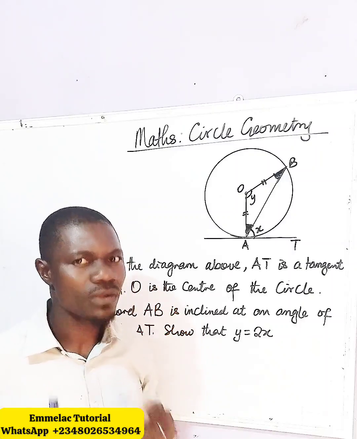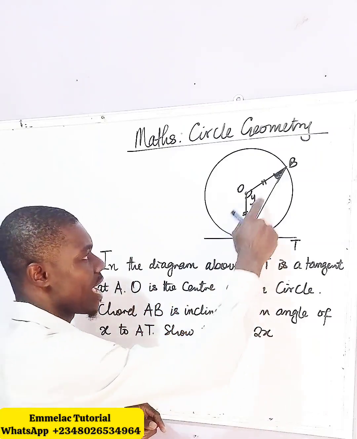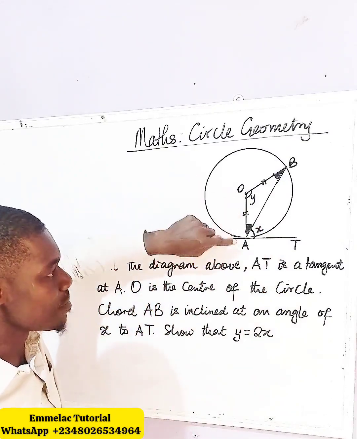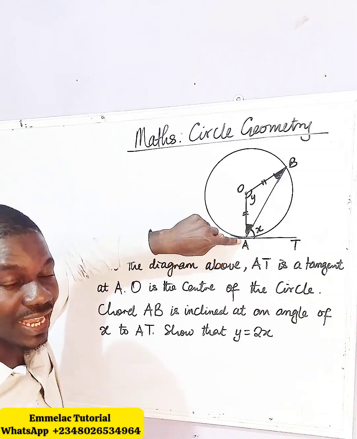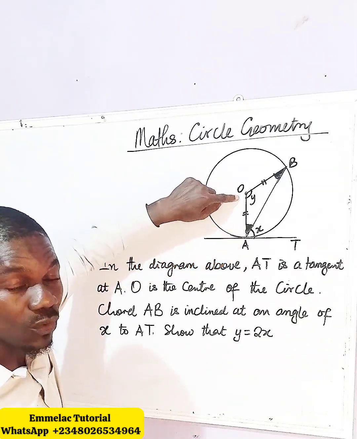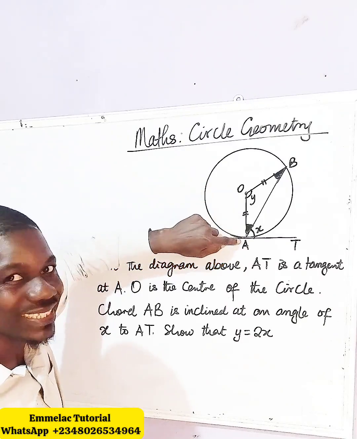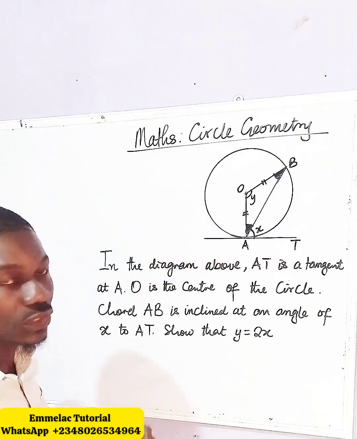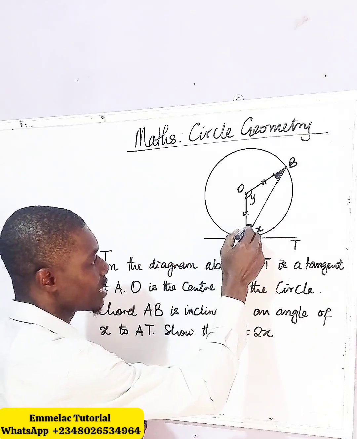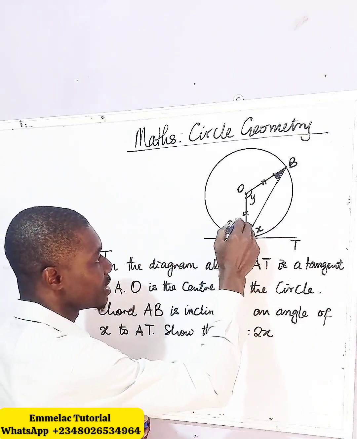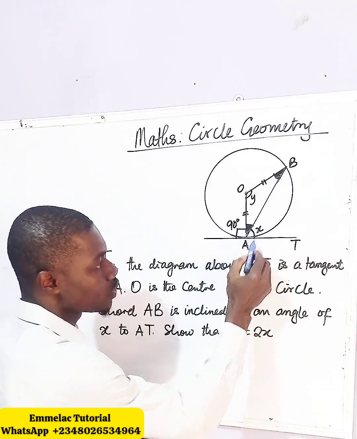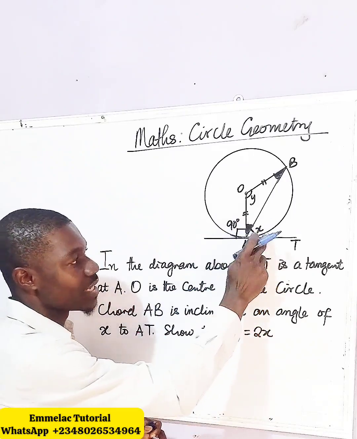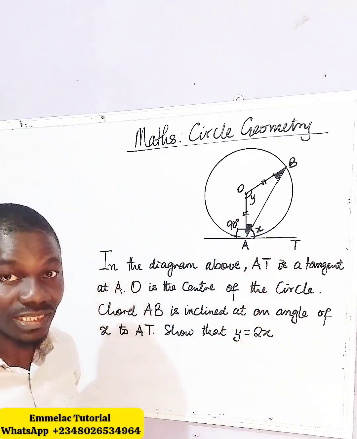So then, how do we get the angle here and here? Take note, any line that starts from the center of the circle and meets a tangent forms 90 degrees. So this line here is 90 degrees, and the whole of this part is 90 degrees, which means this base angle and the angle x make 90 degrees.